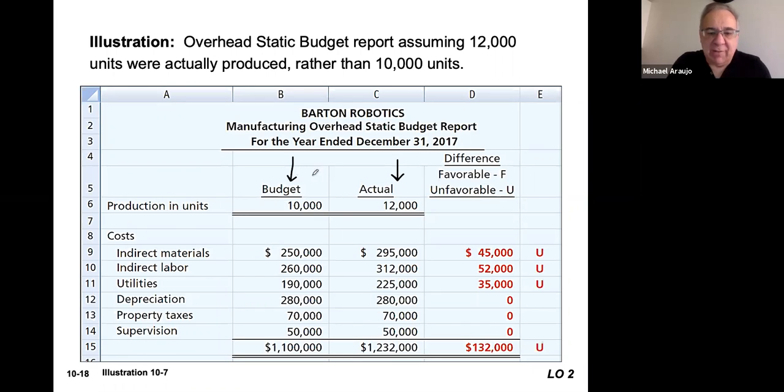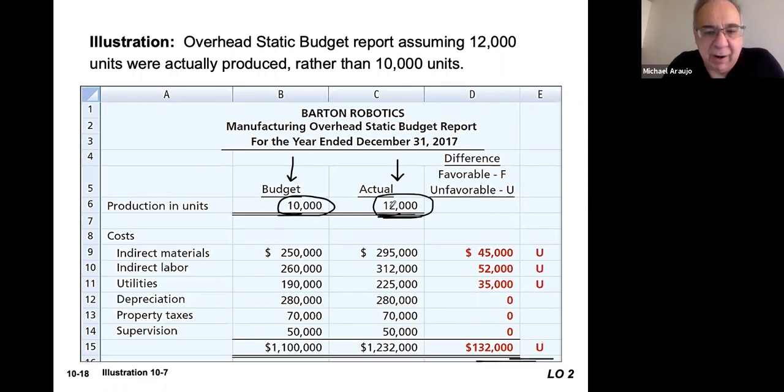So obviously when you compare these numbers, of course you've produced more, so you're going to have higher costs in the areas that are deemed variable costs. And of course, all this is going to look very, very unfavorable, right? It's going to look like you've spent $132,000 more in costs than you budgeted for. But that's a problem. That's not accurate, right? Because the budget is based on 10,000, not on 12,000.